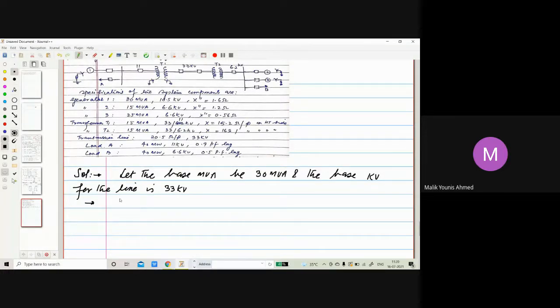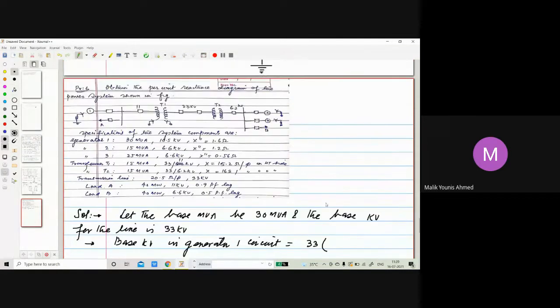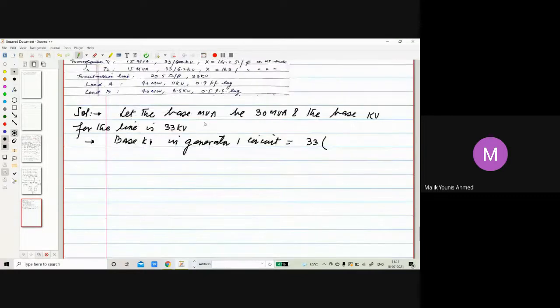What should the base kV be here? The base kV in the transmission line is 33, so we multiply 33 by the T1 transformation ratio. It is 33 by 11, so this side has to be 33 and this side 11, so the ratio is 11 by 33, and that is 11 kV. So the base kV in the generator 1 circuit is 11 kV.